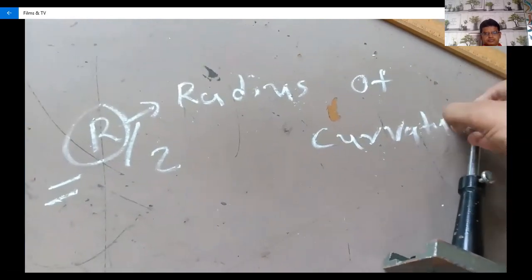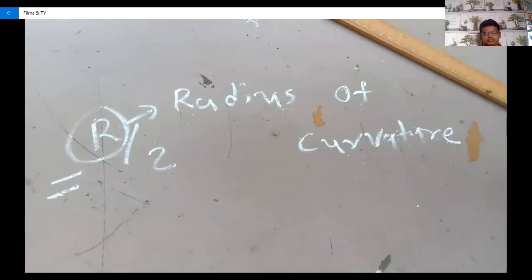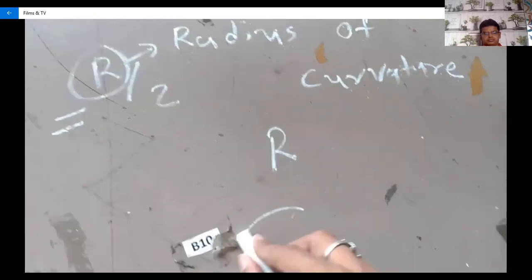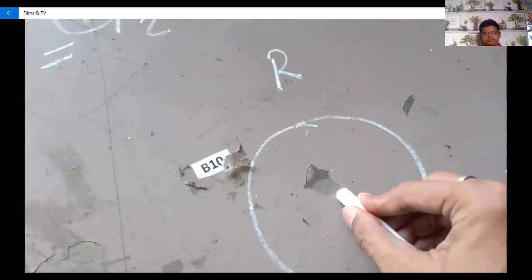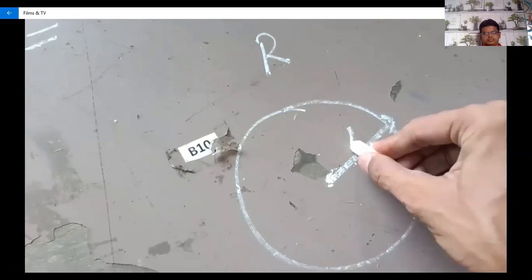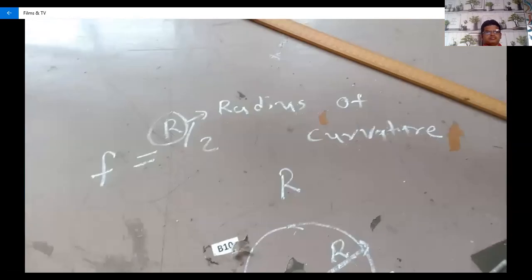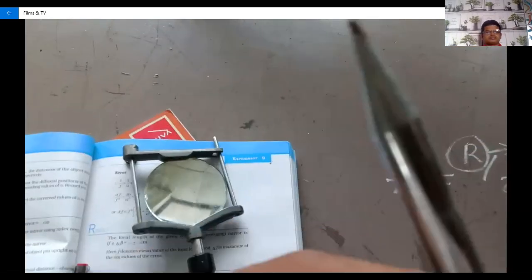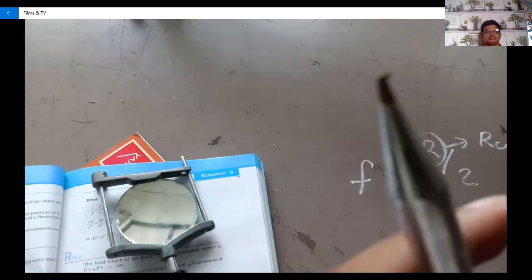First we want the value of capital R. It is a round, the round has one center, and the distance from the center to any point on the surface is the value of capital R. So here, with the help of one single pin, we set the object and image pin both on the same side, up and down.